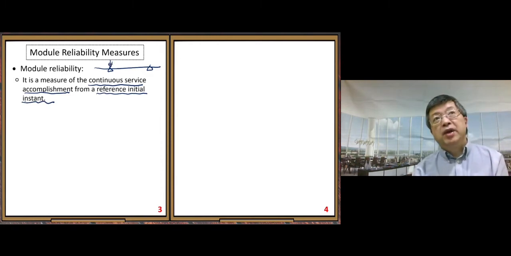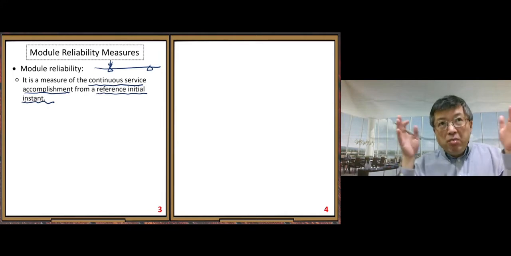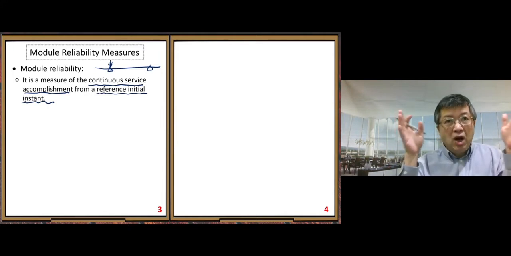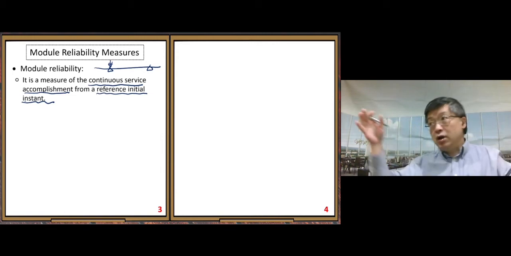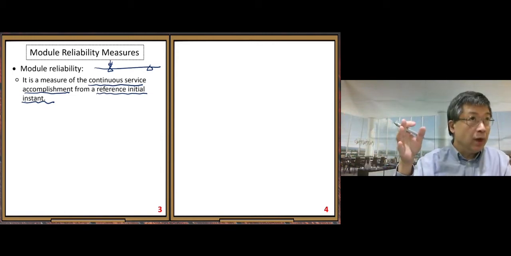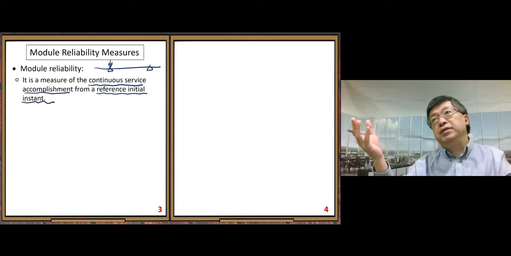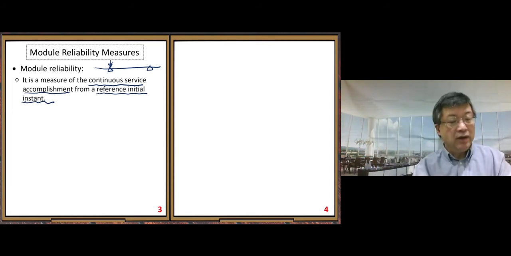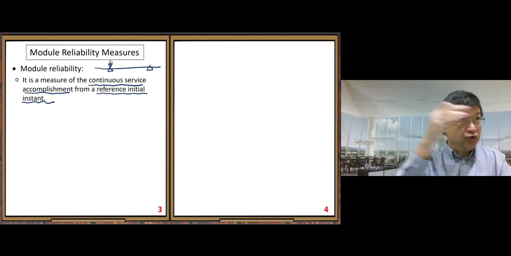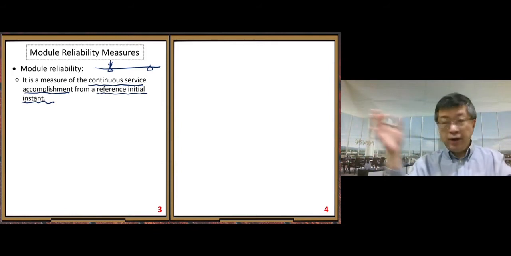Because when you measure that continuous accomplished period of time, every time you do the measure, that period could be different, right? Sometimes longer, sometimes shorter. But how do you measure that in that situation? It's easy. People commonly use the average. Average period of time.